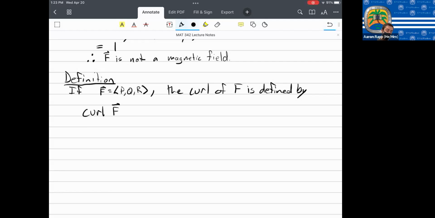You're always just going to see a written curl, C-U-R-L, of the vector field F. Instead of it being a scalar like divergence, where it comes out to be a function or just a single real number, the curl itself turns into another vector field.